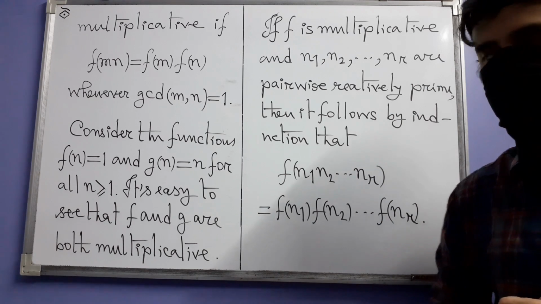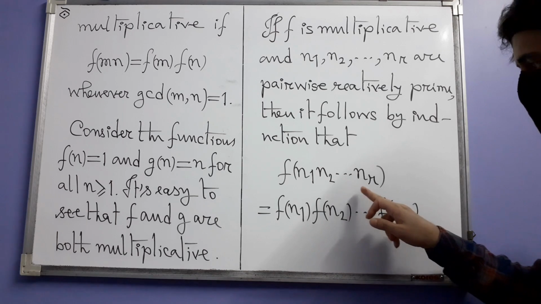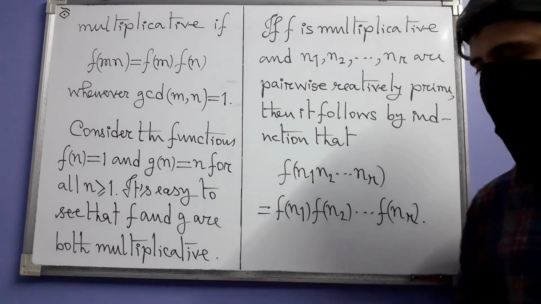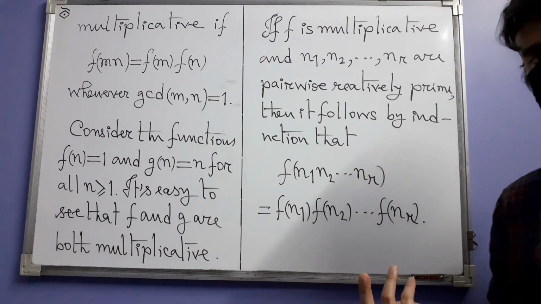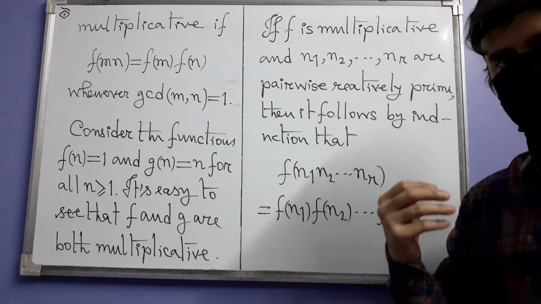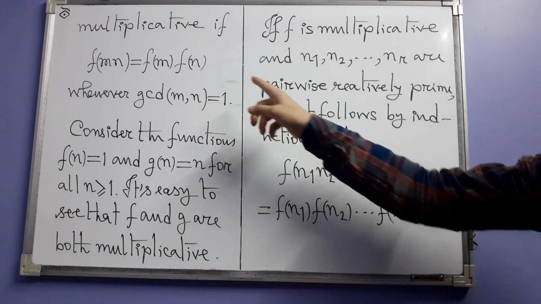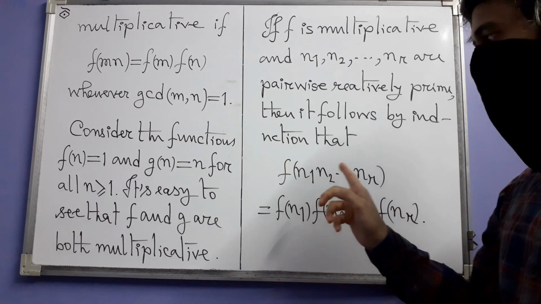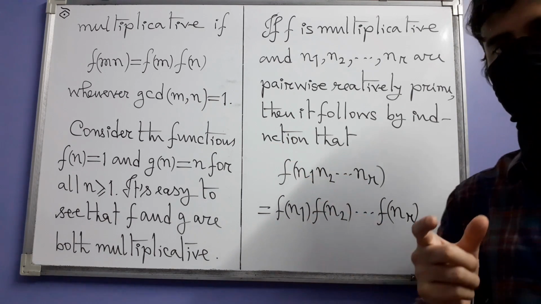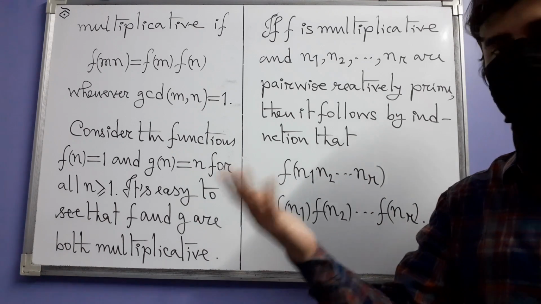Then f of their product is equal to the product of their individual f values. It follows by induction. The definition of a multiplicative function is extremely straightforward to use to establish this by induction. As a base case, you take the case where there are only two relatively prime positive integers and then you extend that.